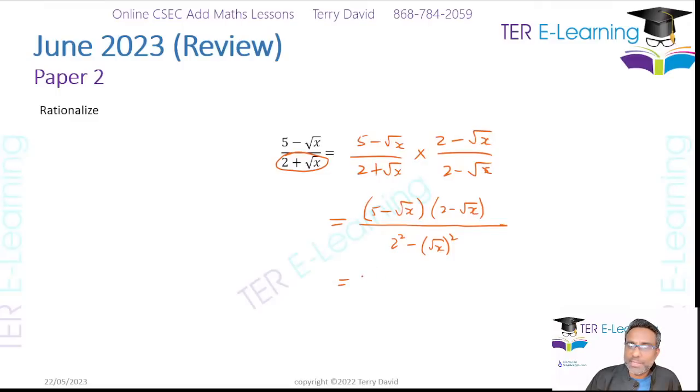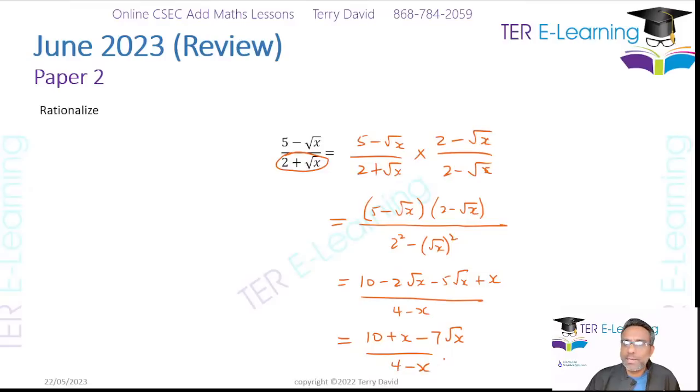So that's going to be 10, minus 2 root x, minus 5 root x, plus x, all over 4 minus x at the bottom. So therefore this is going to be 10 plus x minus 7 root x all over 4 minus x, right? So you have to be able to rationalize any expression that they give us in the exam, right?